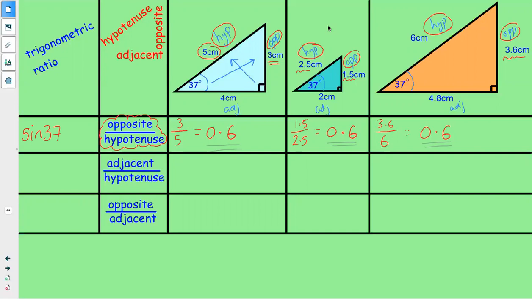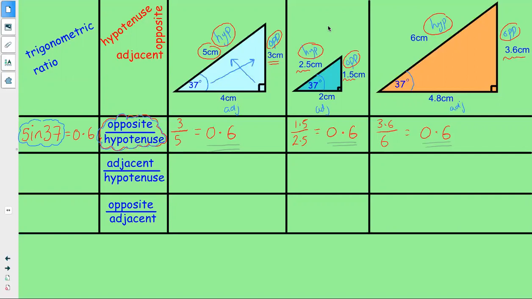Now, if you type sin 37 into your calculator, it will also give you an answer of 0.6. So that means that sin of the angle is the exact same as finding the opposite side divided by the hypotenuse.